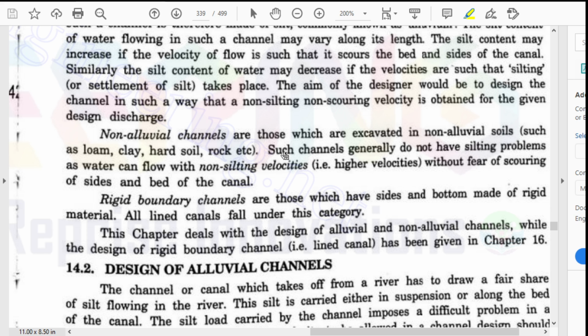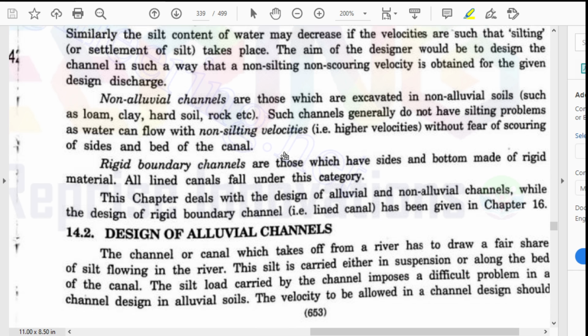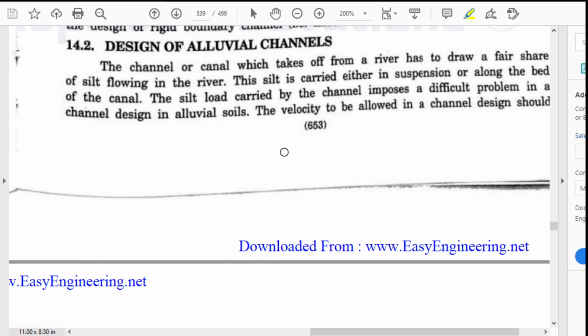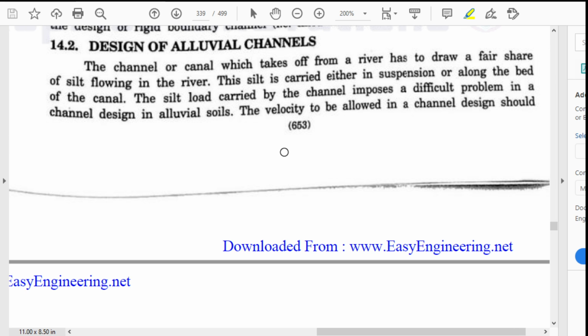Now in this whole chapter we will design the alluvial and non-alluvial channels, okay. As I have explained, you have two methods for this study: first is Kennedy's theory and second is Lacey's theory. These are actually engineers who investigated lots of sites and then proposed some theories.